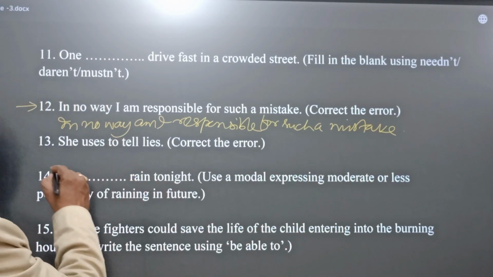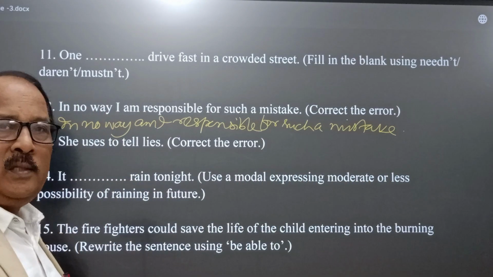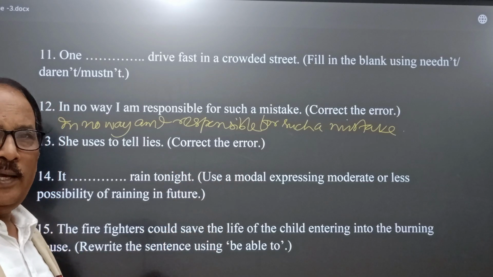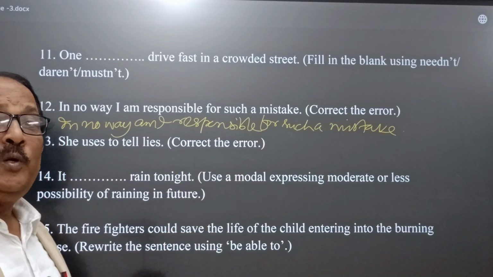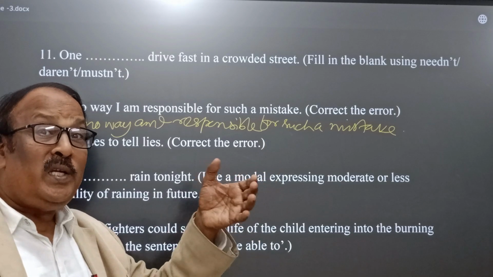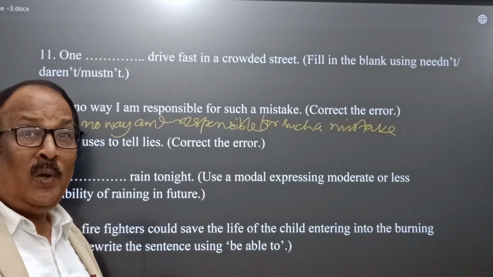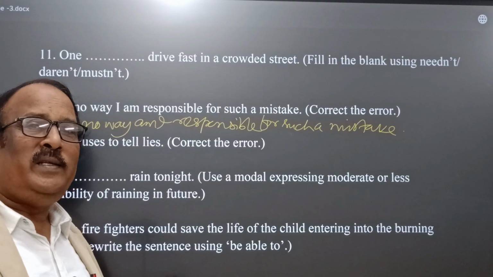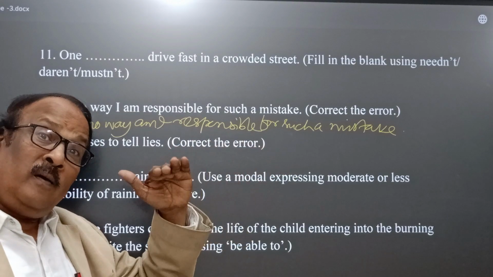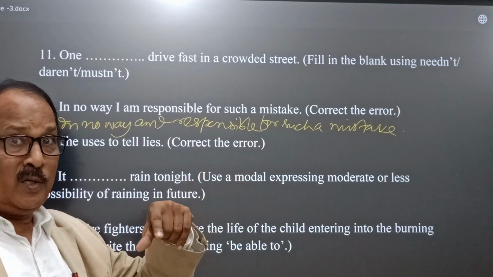Okay, next come question number 13. She uses to tell lies. You have to correct the error. Uses to is not used to express the present habit of a person. Used to is used to express the past regular habit of a person.